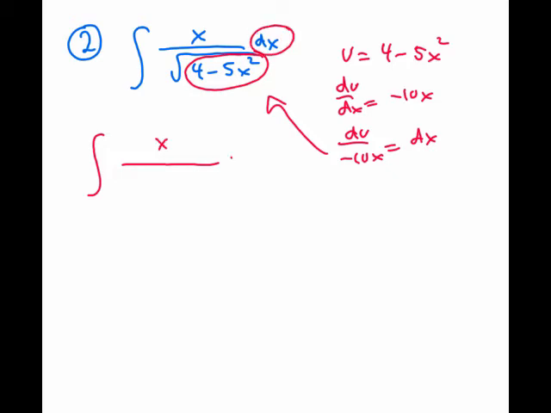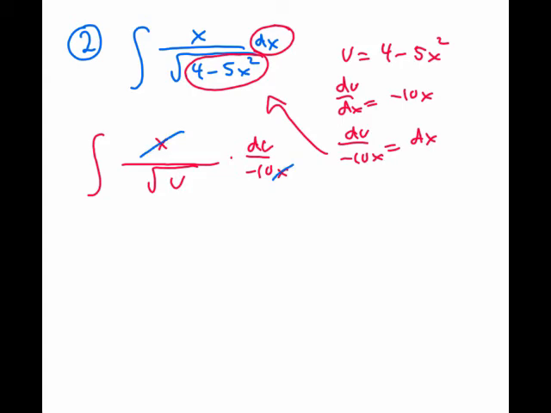Dx is going to be du over negative 10x, and on the bottom I'm going to have the square root of u. Now you know if integration by substitution is working or not if you are only left with u's once you've done this replacement, and those x's cancel out and everything is with respect to u.